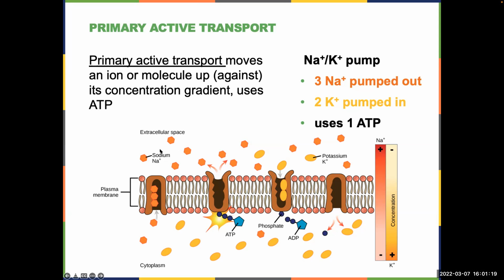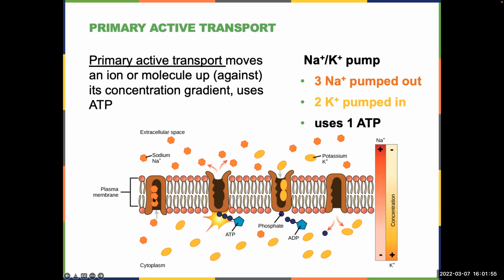So that's what this picture is showing here. Sodium and potassium. Okay, so you have sodium, 1, 2, and 3. 3 sodium will be pumped out, and here they're released, 1, 2, and 3. And then 2 potassium are taken in. I understand how it's confusing that it's only using 1 ATP because it looks like 2 separate processes.